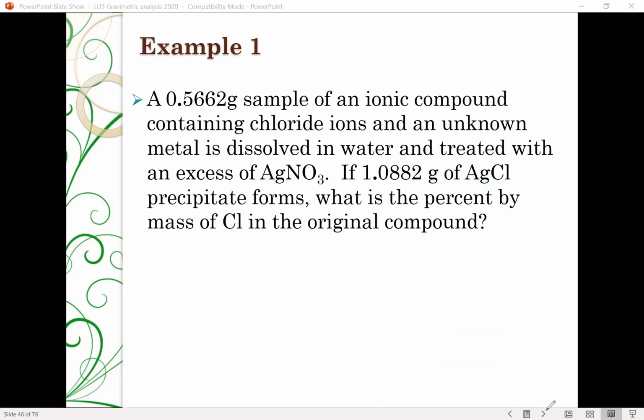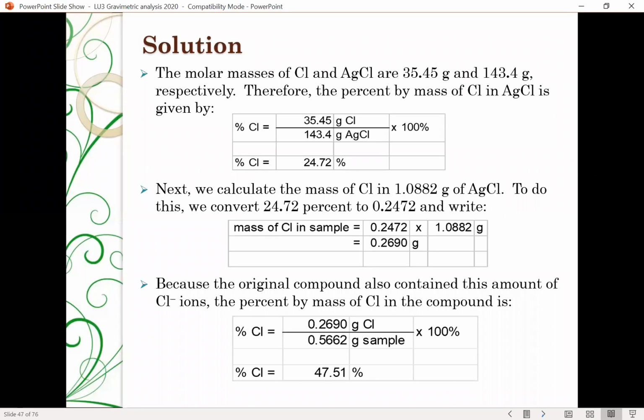Now, we look at the solution for this. You have the molar masses of Cl and AgCl. In this case, you are looking for the chloride ion mass. So what you want to do is use the formula mass of Cl, which is the substance sought, divided by the formula mass of AgCl, which is the substance known.